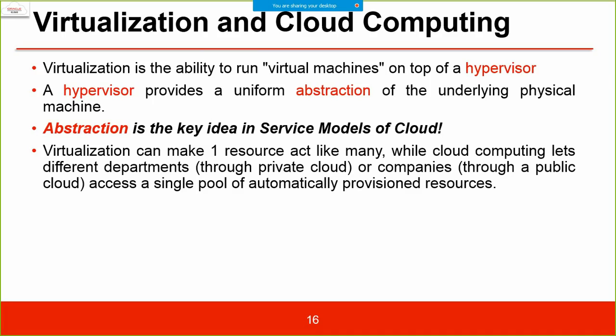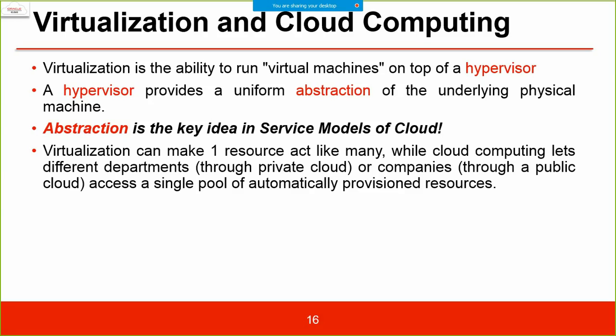Hypervisor, as I named it, is a virtual machine manager, or the software which gives you an environment to create virtual machines. So the hypervisor provides a uniform abstraction of the underlying physical machine. Abstraction is the key idea in the service model of cloud, because cloud is based on virtualization.